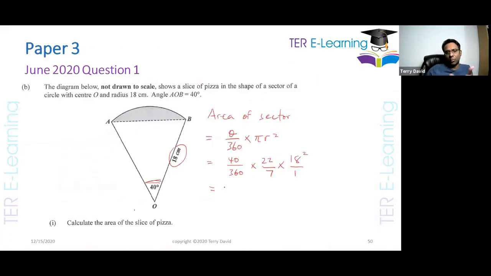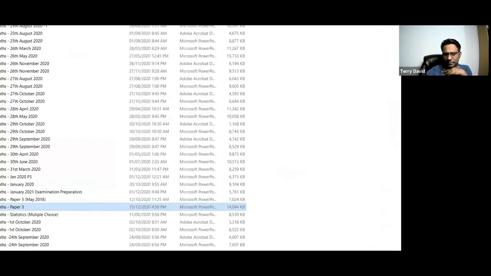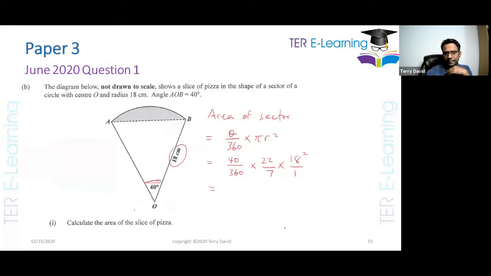Now, the reason why I'm trying to make you work it out is that I want you to get accustomed to using a calculator. Students have calculators and they still have problems working out questions because they're not sure how to use the calculator properly. So tell me your answer when you get it.